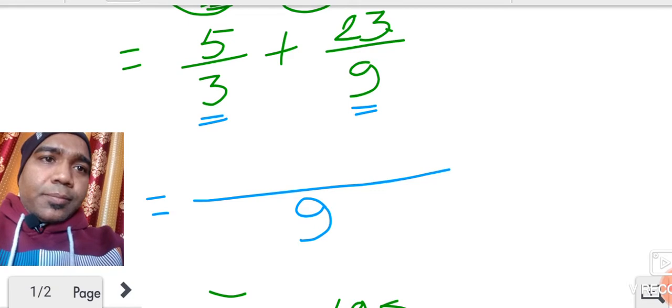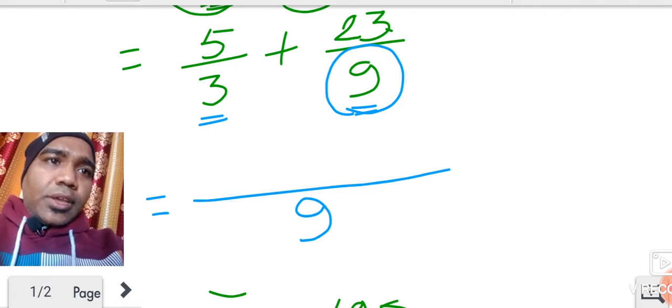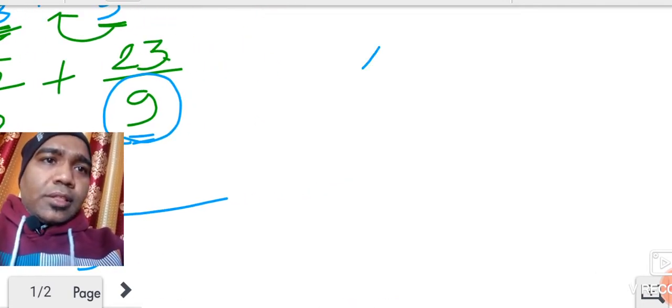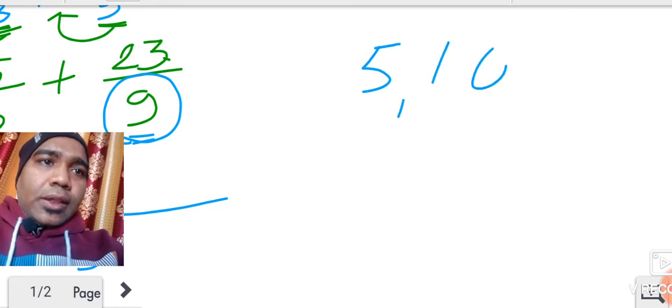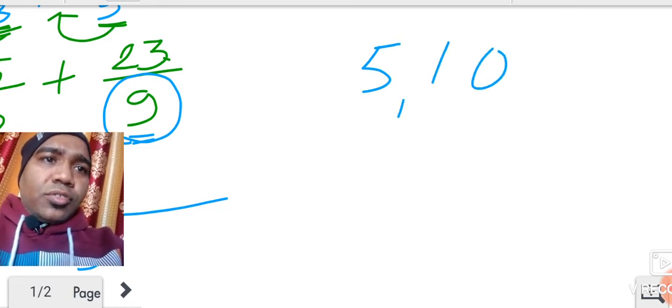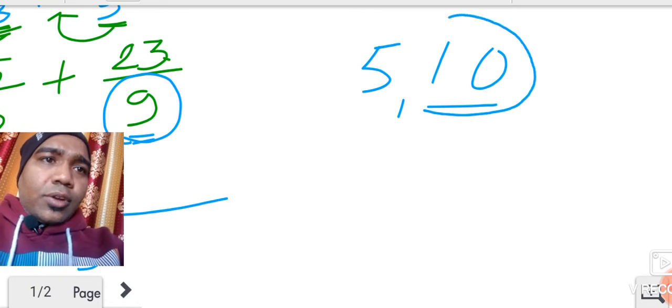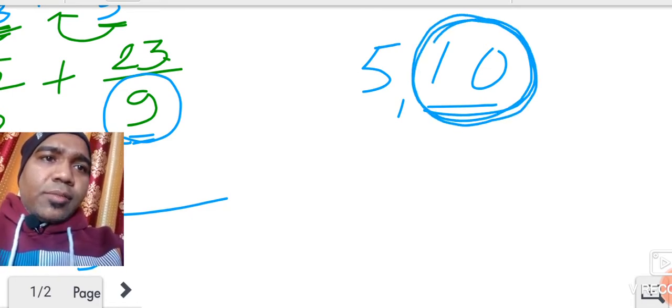If we have to find the LCM of any two numbers, suppose you have to find the LCM of 5 and 10, then you see the larger number. What is the larger number? 10. Larger number 10, is it divisible by 5?